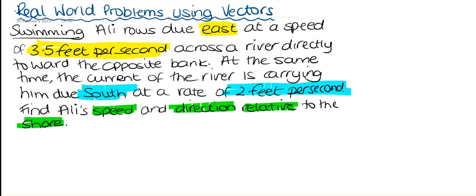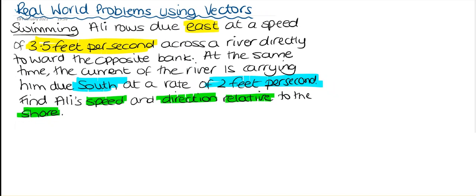So the first thing we need to do is draw a diagram. So we have a vector which is 3.5. So let's do north, east, south and west.